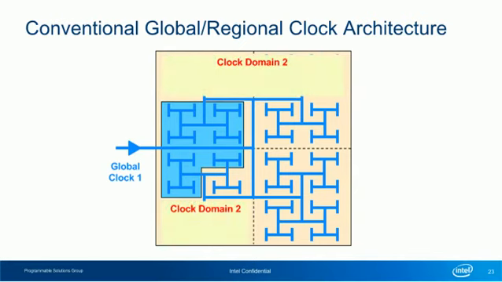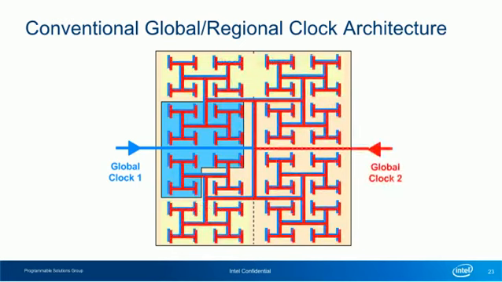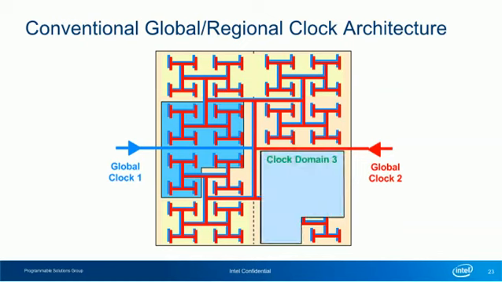If the fitter chooses to place logic running off of a second clock into two discrete areas of the FPGA, like shown here, the only way to reach both areas would be to enable a second global clock tree. And finally, another logic module running off of a third clock is placed in one quadrant of the chip.